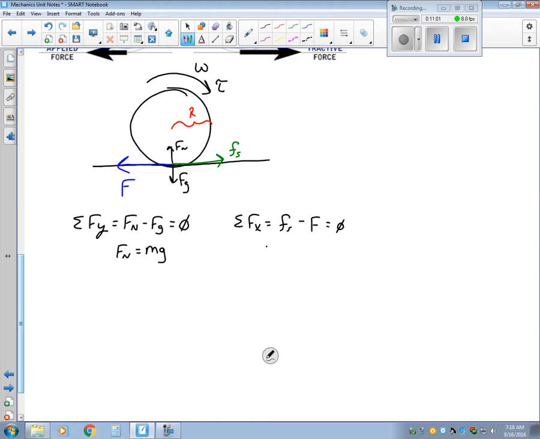So this means then that the applied force must equal the friction force. Now the applied force, if you remember, torque is a force times a lever arm distance. So this applied force will be the torque divided by the radius of the wheel. Friction is the coefficient times the normal force. And we just figured out the normal force is mg.